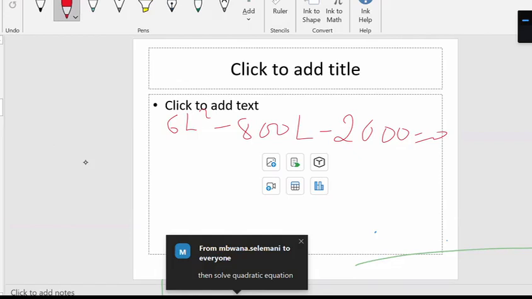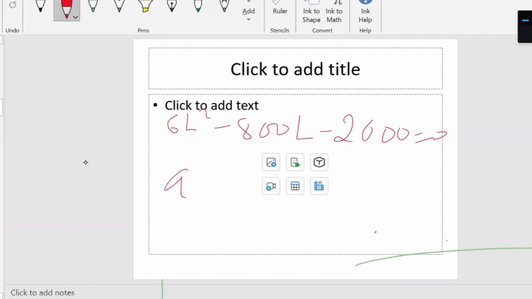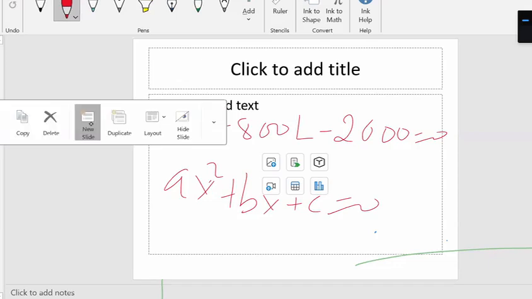You remember that formula, quadratic equation? If you have ax square plus bx plus c equal to 0. Ile formula quadratic, ngoja niwapitishe hapa. Ile formula inasemaje? Ngoja niandike hapa. Quadratic.